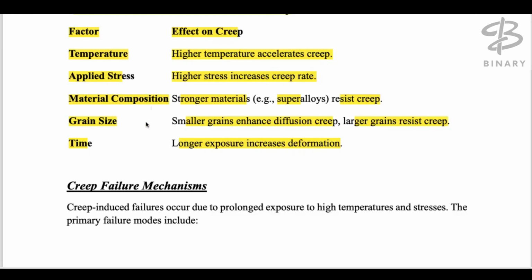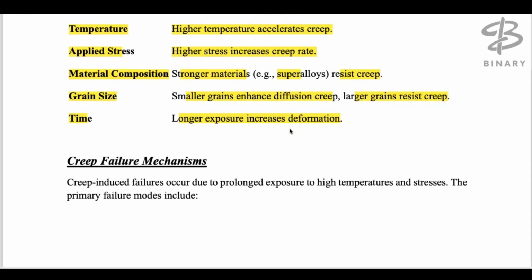If you have not gone through this theory and are not aware of how grain size affects the creep rate, you will not be able to answer. So you must have a clear idea so that you can easily answer. A smaller size enhances diffusion creep, and larger grains resist the creep.